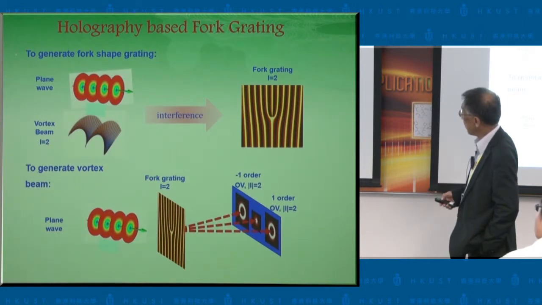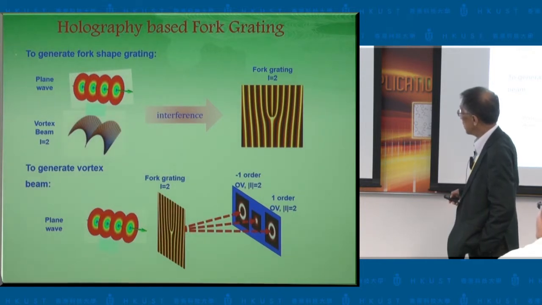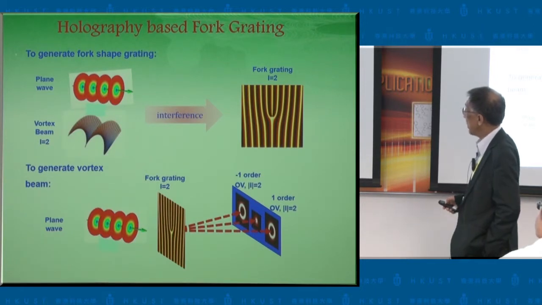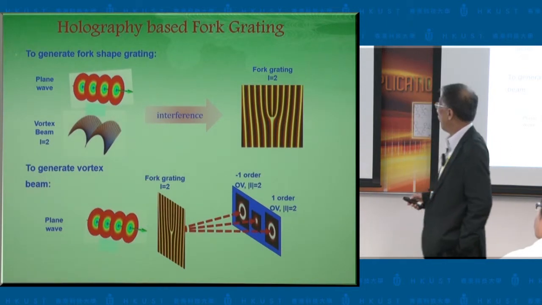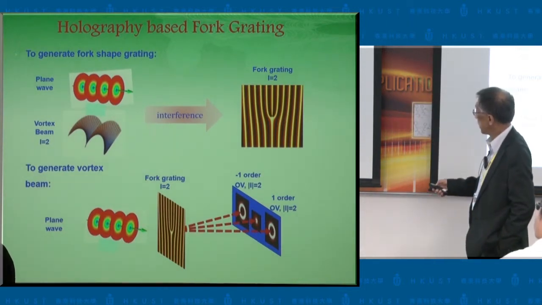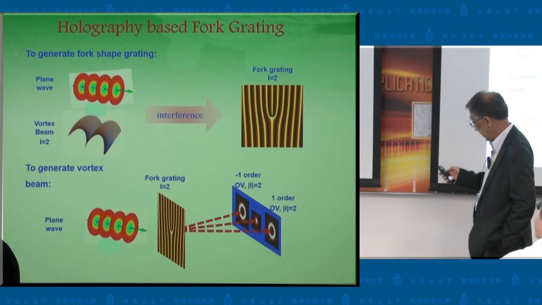You're using a plane wave that can act with this fork grating, interfering with the plane wave itself, and that would generate a vortex, in this case we're showing the first order.